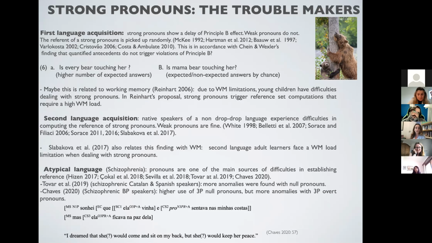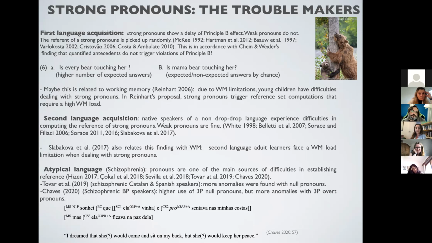So what you see here is that the person is reporting his dream, right? And you see that he starts talking about his dream using the pronoun ela without giving you the referent of this pronoun. So that's what we're calling an anomaly. The referent of the pronoun is not previously set.